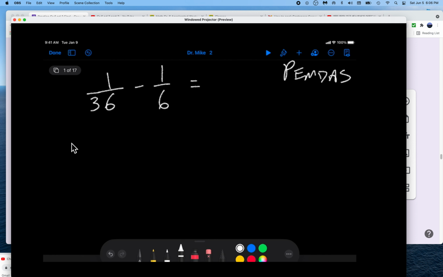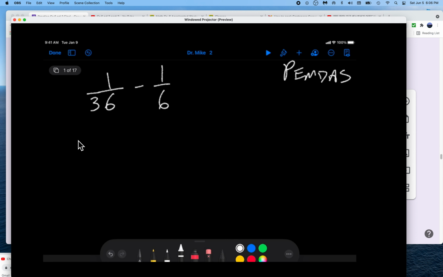So how are we going to get a common denominator, and which one are we going to use? Well, when you're looking for common denominators, you can always just multiply the two of them and use that number. But that would give us too big a number to work with, and we don't have to, because look, we can turn 6 into 36. How do we do that?